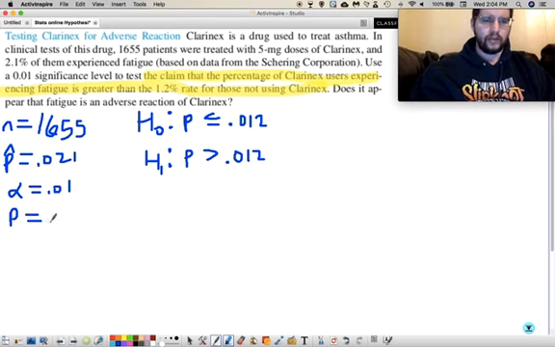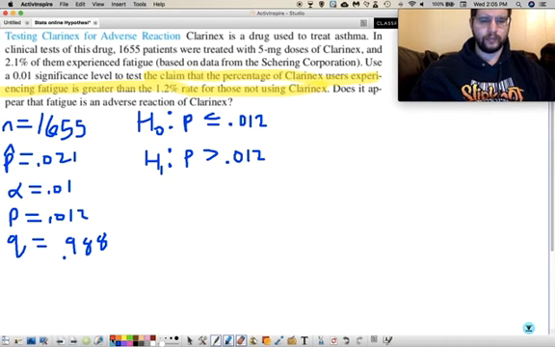Got p there, 0.012. So q, 1 minus that, would be 0.988. Use the calculator if you must. And that should be all we need.